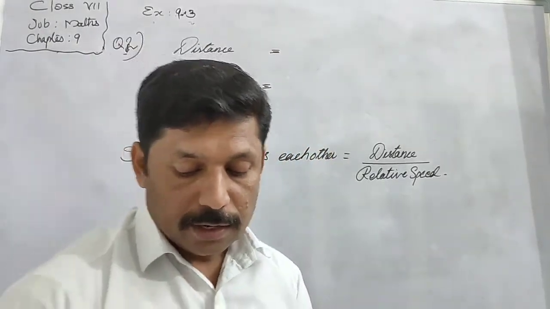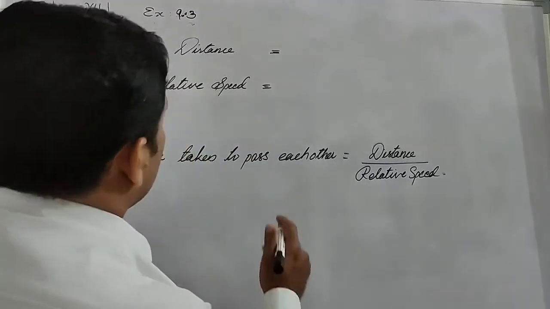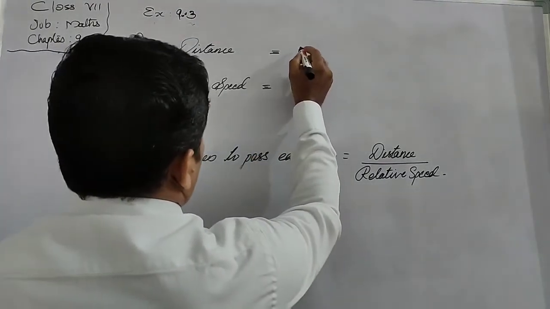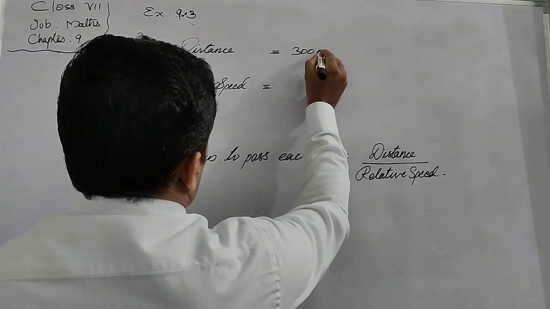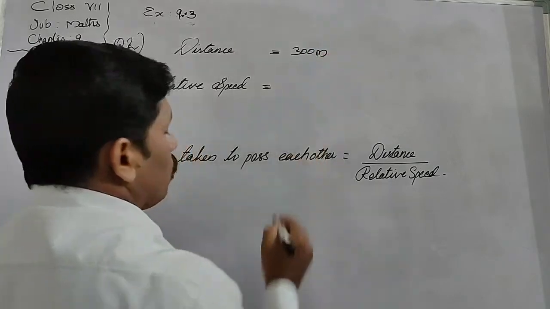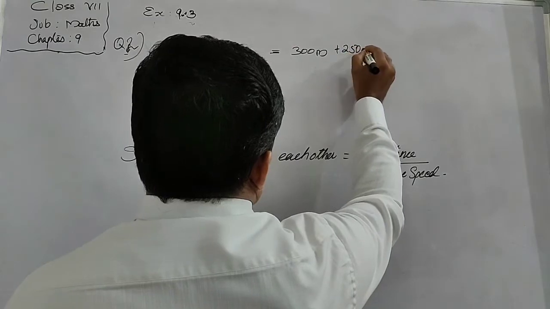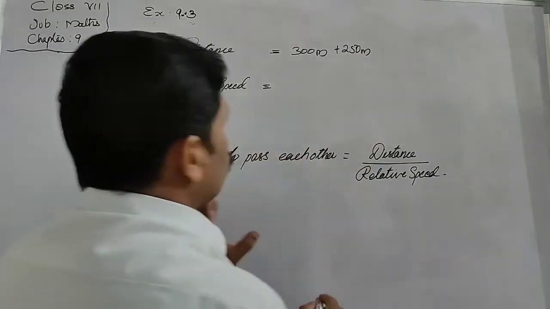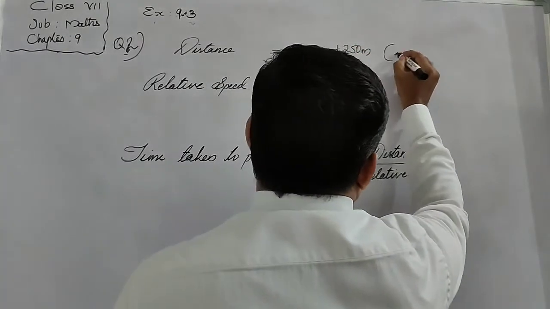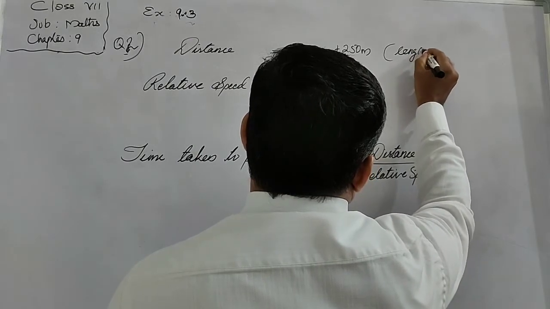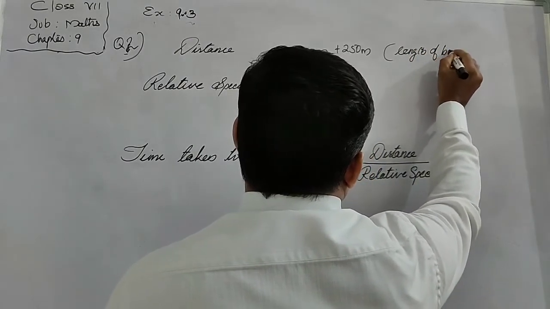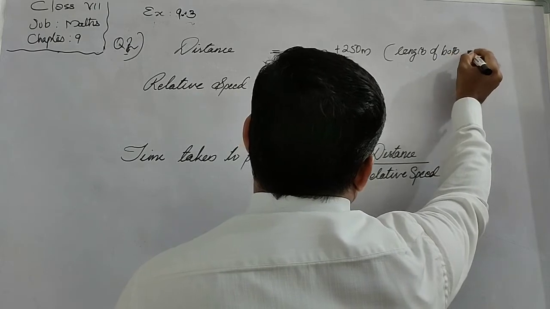So students, here first the distance to be covered is 300 meter, that's the length of the first train, plus 250 meter, that's the length of the other train. So distance here means the length of both trains. You can write in bracket, length of both trains. That is called the distance.